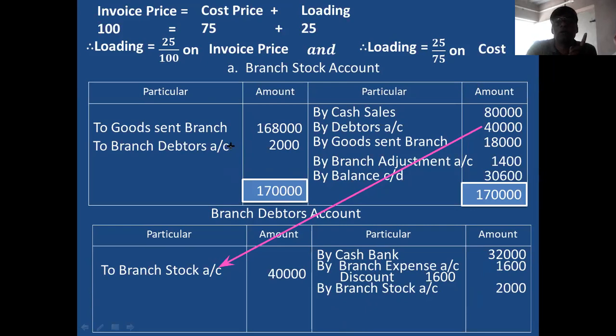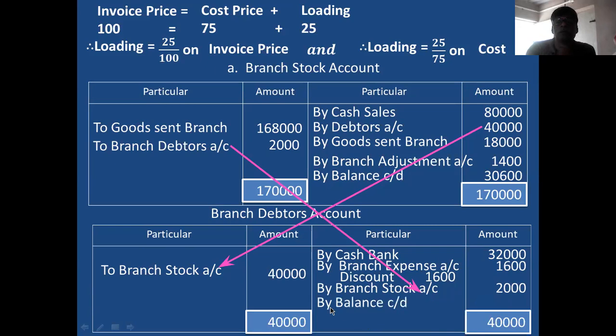In the stock account, to debtors, and in the debtors, it is by branch stock. In this way, you enter 2,000. Cash is completed, expense is completed, stock is completed. Then you close the account and ascertain the balance. Total 40,000. By balance carried down 4,400. Okay, in this way, you prepare the debtors account.